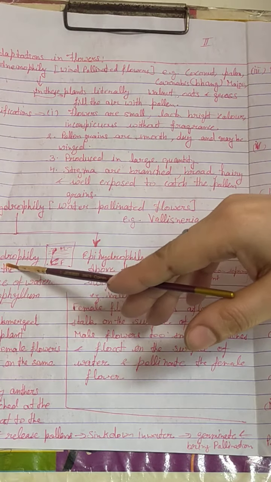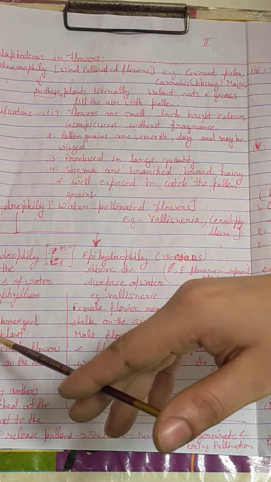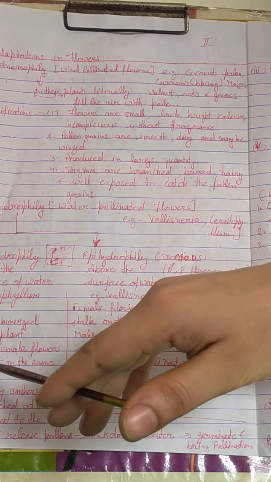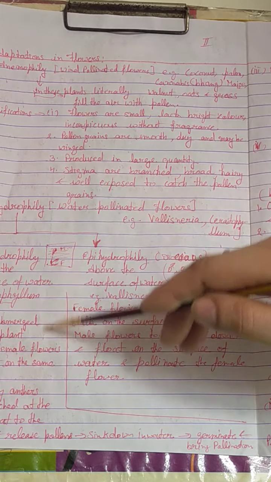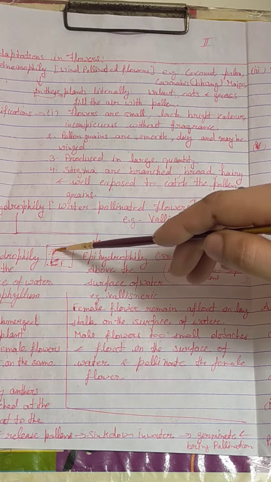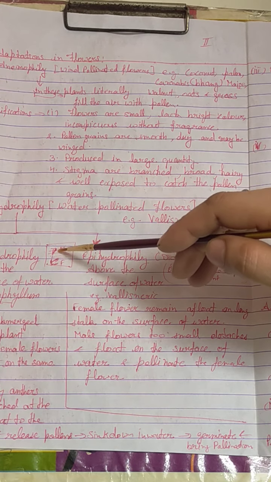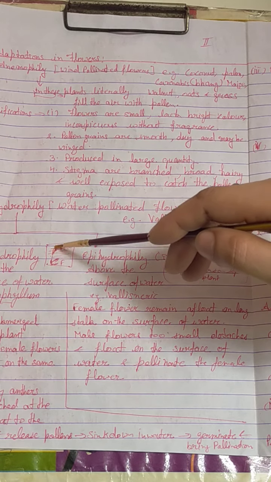In hypohydrophily, plants like Ceratophyllum are totally submerged aquatic plants, in which male and female flowers are present on the same plant. Female flowers are at the base and male flowers at the top. When male flowers mature, pollen grains are detached from the male flower.